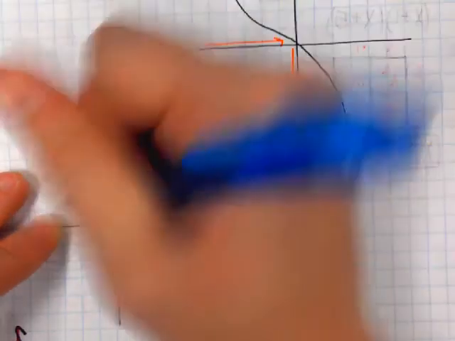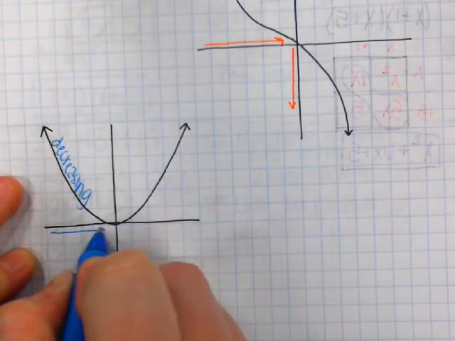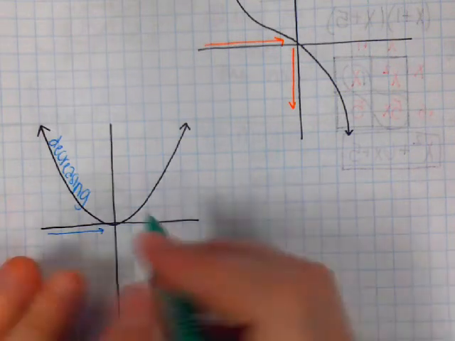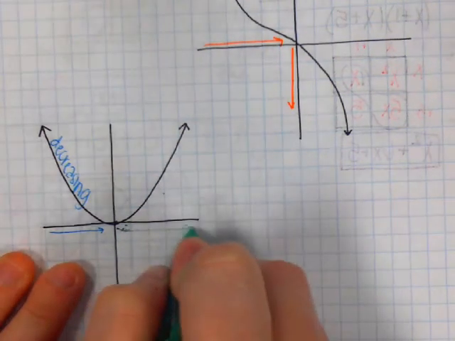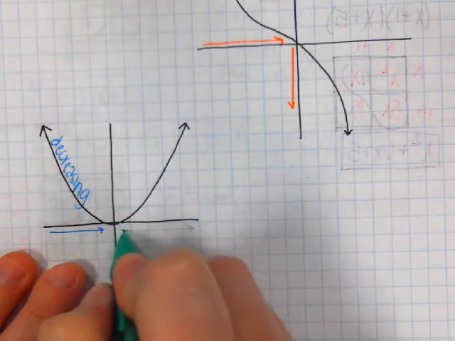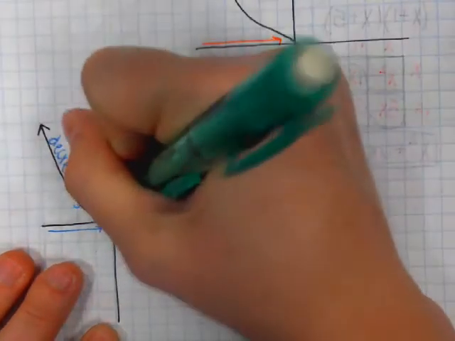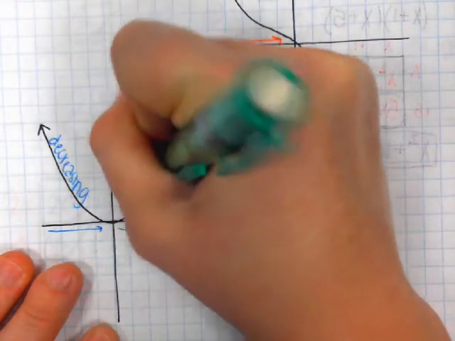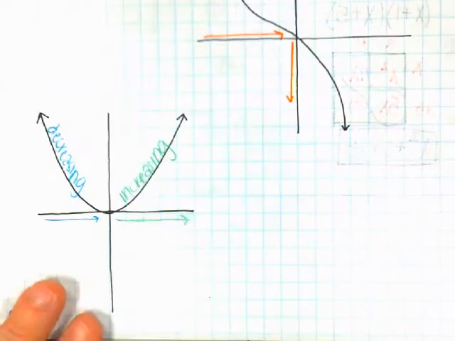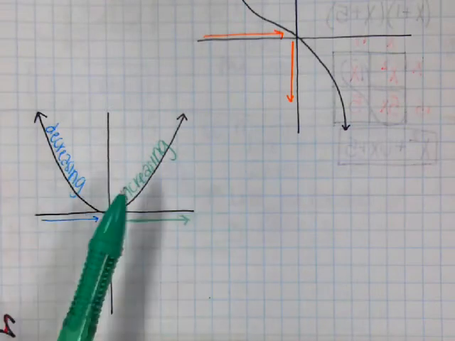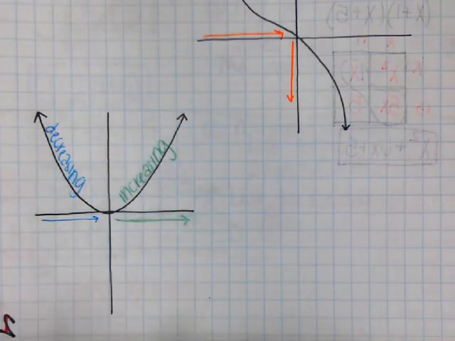This part right here is decreasing. And then this part right here, oops, that color isn't showing up, is increasing. So you can have part of it being decreasing, part of it being increasing. And then we talk about it as an interval.